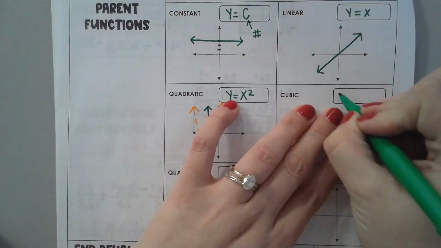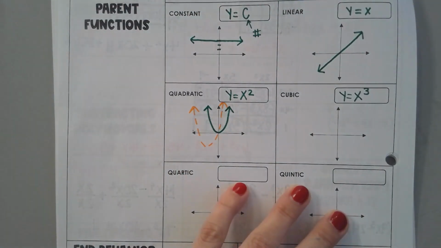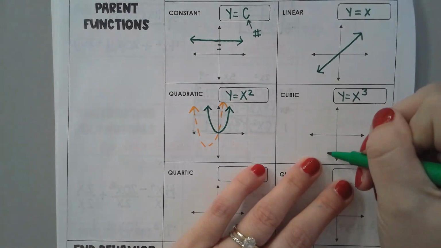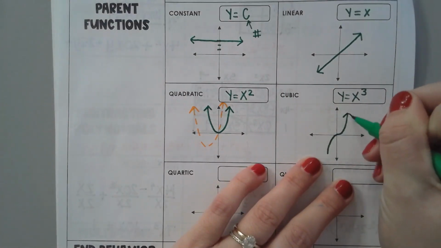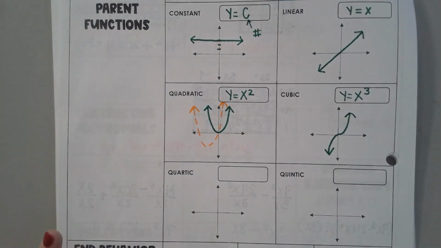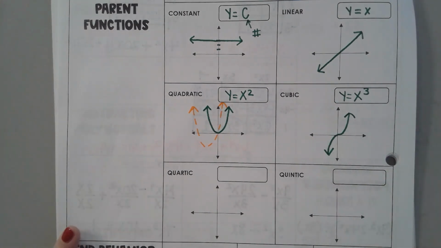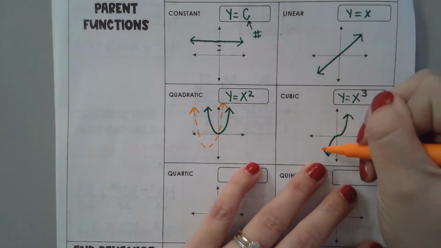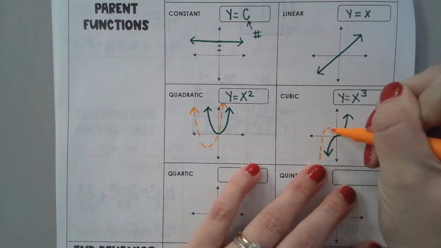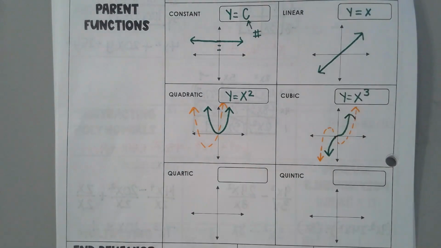Cubic is y equals x cubed. So the parent function looks like this. So that's just the very basic, general, original cubed function. But you'll usually see them more like this. The curves are a little bit more dramatic usually.